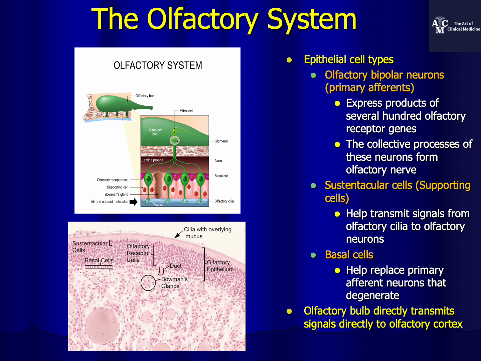Above them are the sustentacular cells, which are the supporting cells, and these help transmit the signals from the olfactory cilia to the olfactory neurons. The basal cells help replace any of the neurons that degenerate and turn over. The olfactory bulb then receives the signal and directly transmits this to the olfactory cortex. On the bottom, there's a histology slide showing how each of these cells looks.